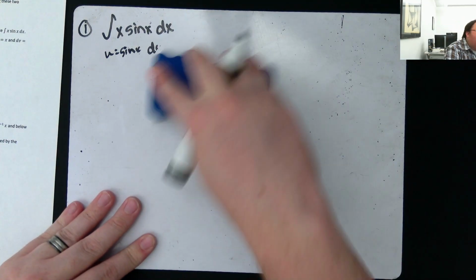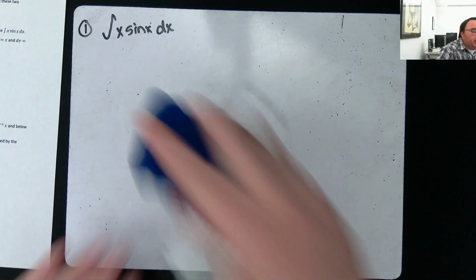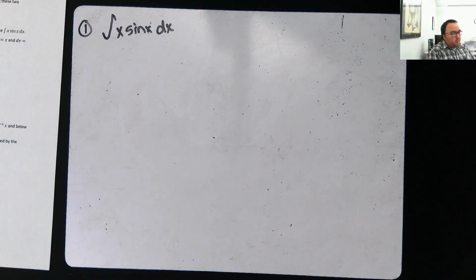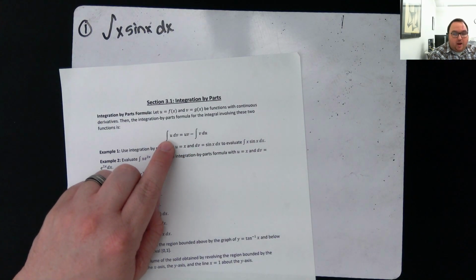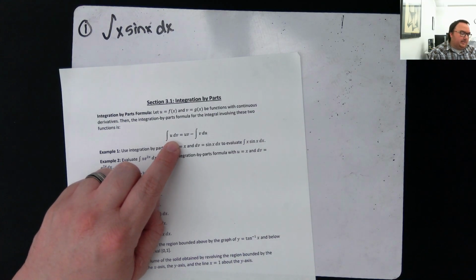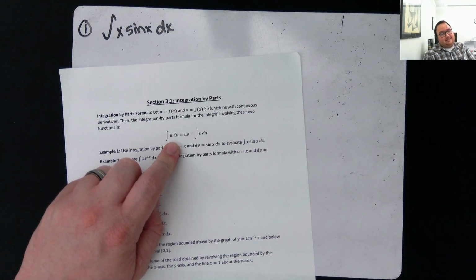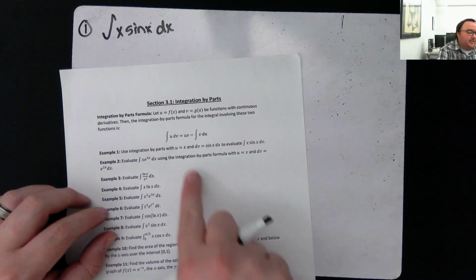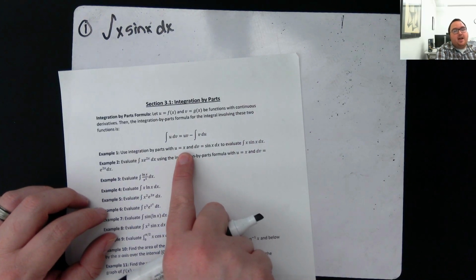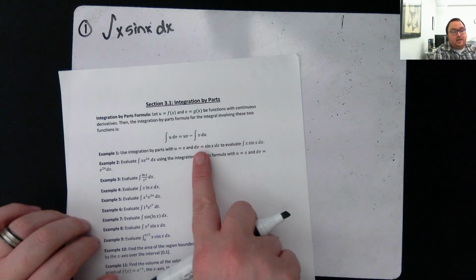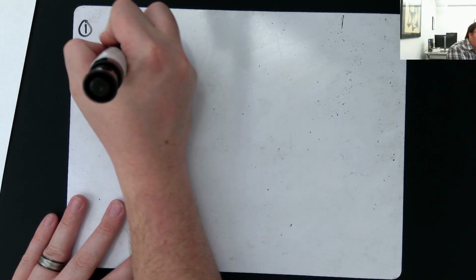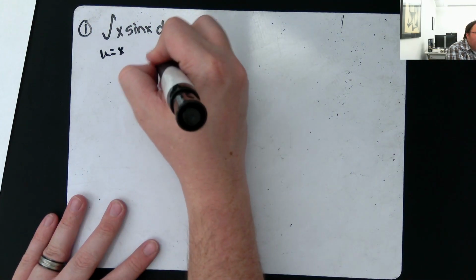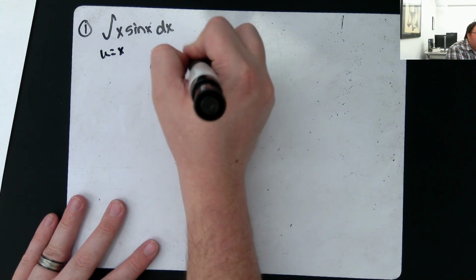Once again, I have a product, so I'm going to use this rule here. This problem even tells us what I want to use for the u and for the dv. It says let the u be equal to x and let the dv be equal to sine of x. So u equals x and dv is going to be sine of x dx.